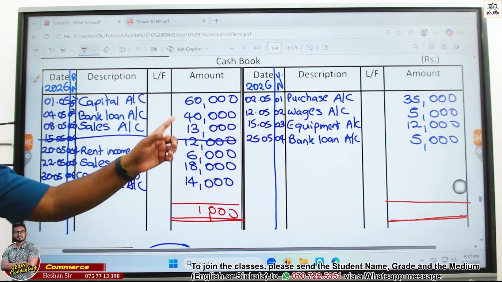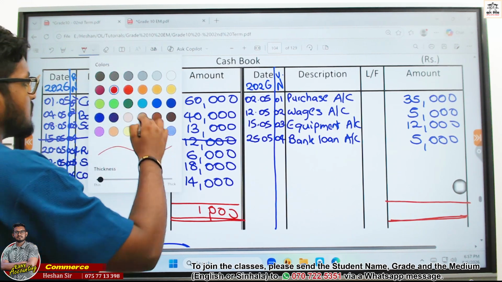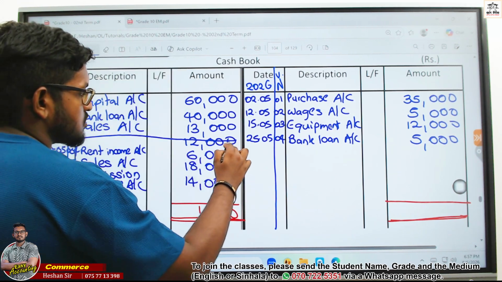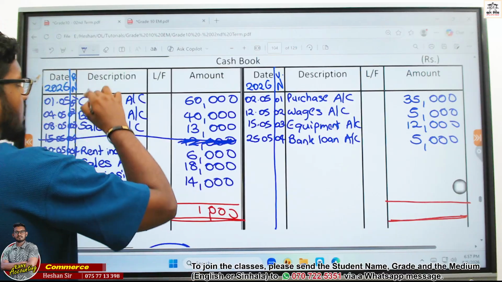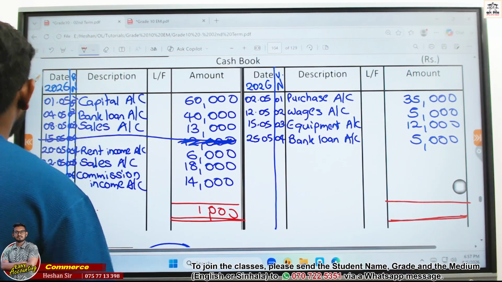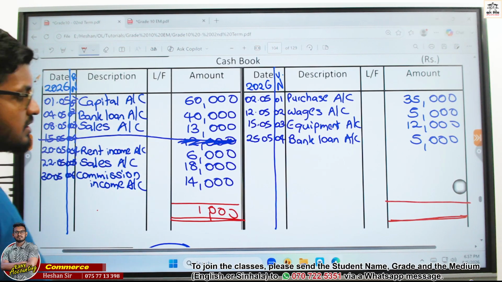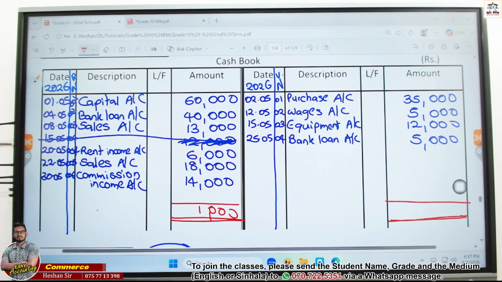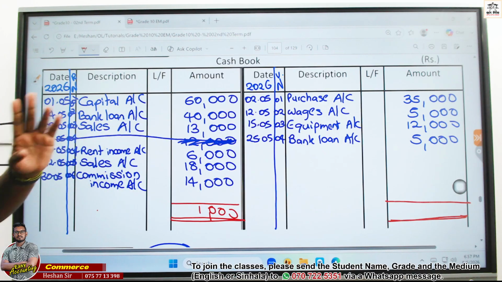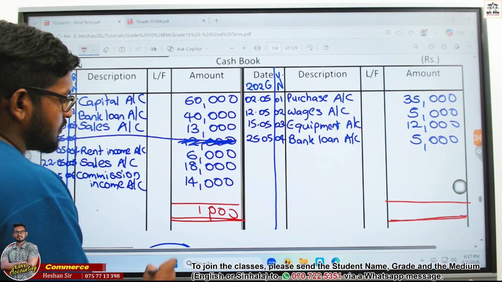Why? There is a 16 here, right? The first one is also 60. It should be more than that. Remember, don't take the balance of this. I got 151,000. Let's see. 10, 11, 12, 13, 14, 15.